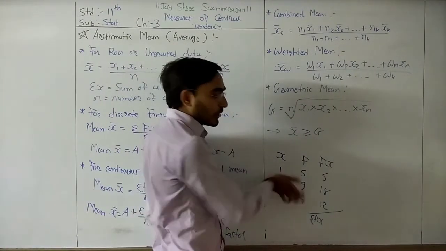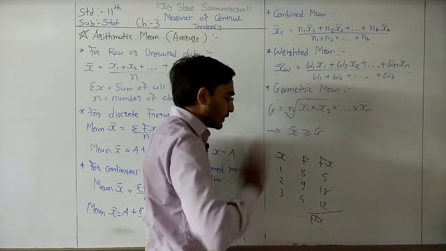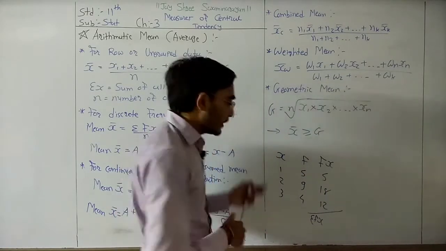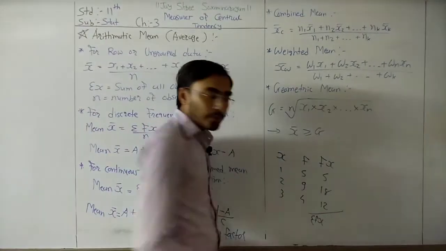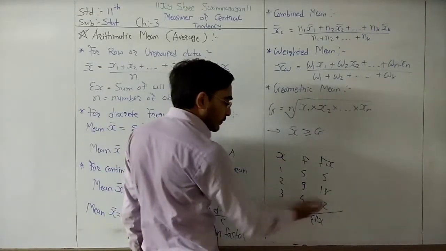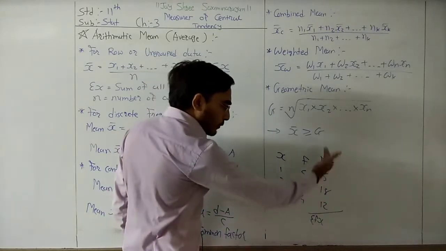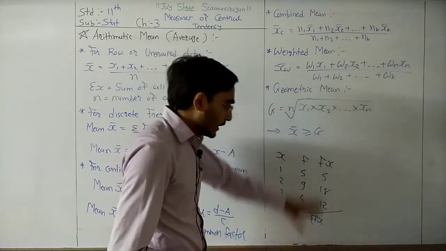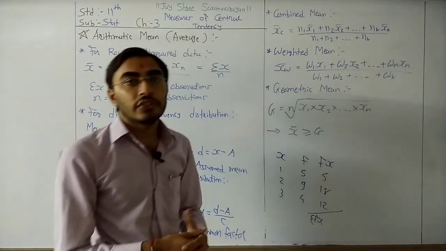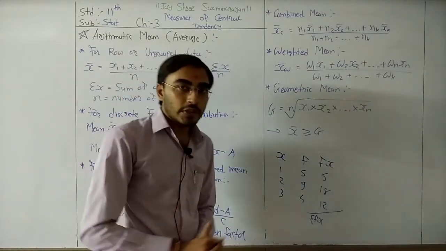Now 2 is there 9 times, so instead of adding this 2 nine times we can directly multiply it, 9 twos are 18. In the same way 3 fours are 12. So this is one type of addition of all your observations. If you find this total, then definitely that is the total of all the observations.